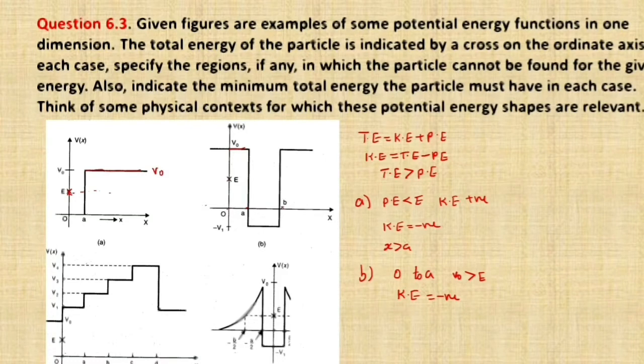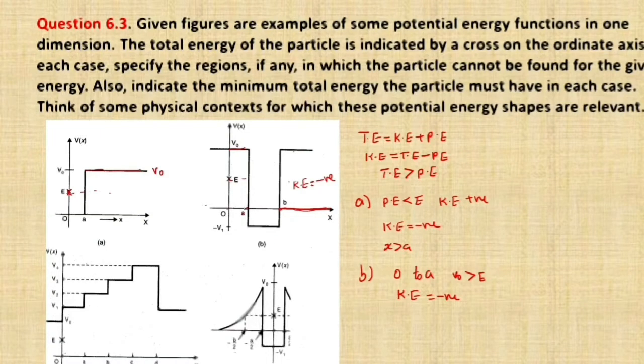Same way, beyond B. So this is the point B. From B towards this side, the potential energy is greater and the total energy is somewhere here, right? So potential energy will once again be greater. So in this case also, kinetic energy is negative. So from O to A and from B to the remaining points, we cannot find any particle, because the kinetic energy there is negative.